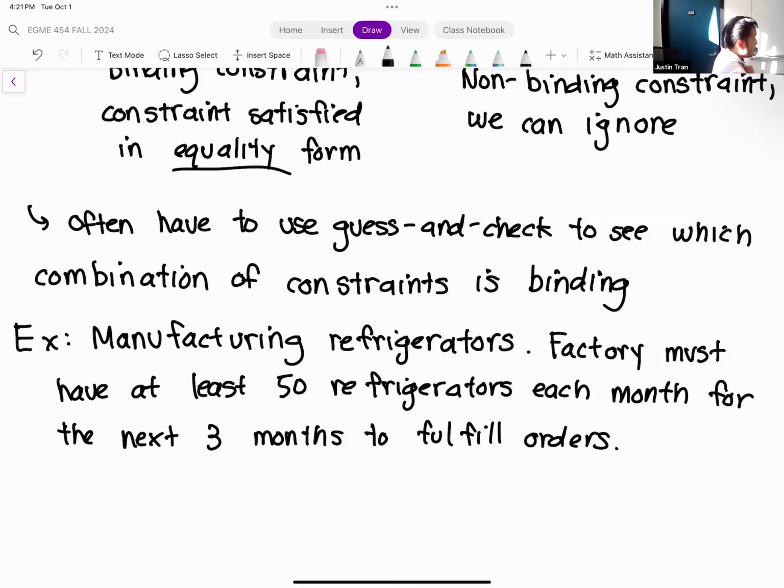Okay, so each month for the next 3 months, there has to be at least 50 on hand. So that means they have to manufacture at least 50. But your factory also has the ability to store refrigerators temporarily. So let's say the first month you manufacture 70 refrigerators, 50 of them you can ship out, but the rest of the 20 you can put into storage.